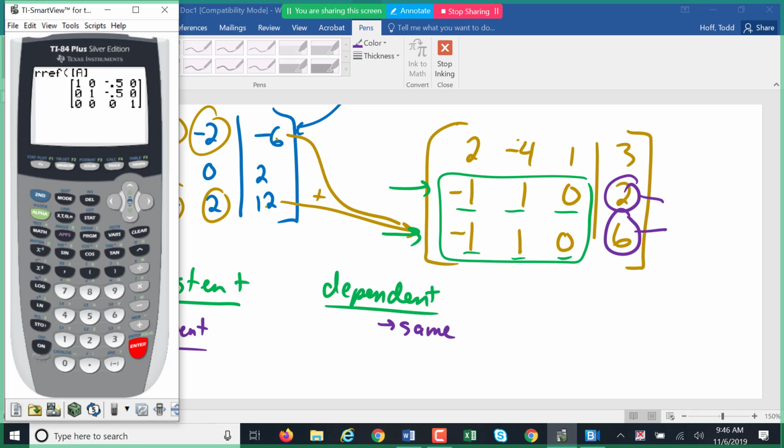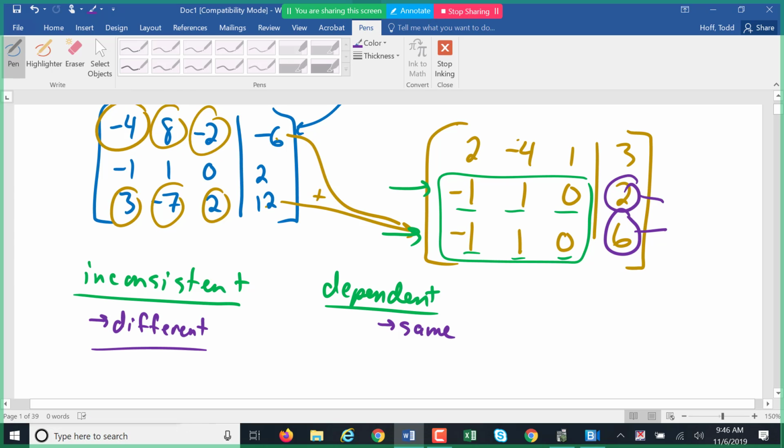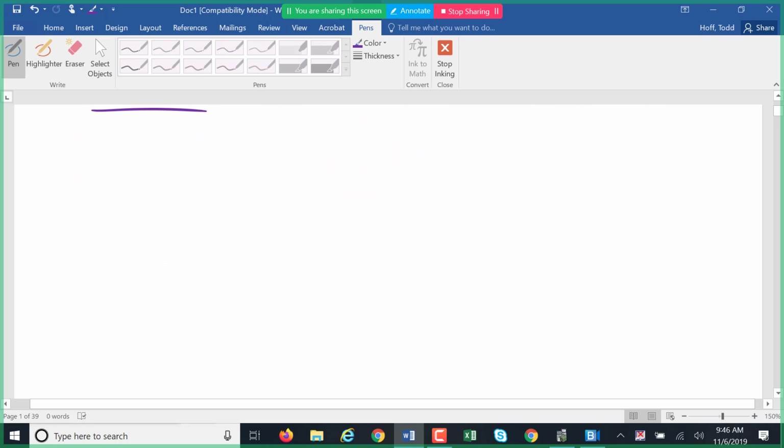So in reduced row echelon form, I should have 1s down the diagonal and 0s everywhere else except for that third column. So it's telling me that this one does not solve. It doesn't work out. So there is no solution for this system of equations. There's no values for x, y, and z that'll make all 3 equations true at the same time.